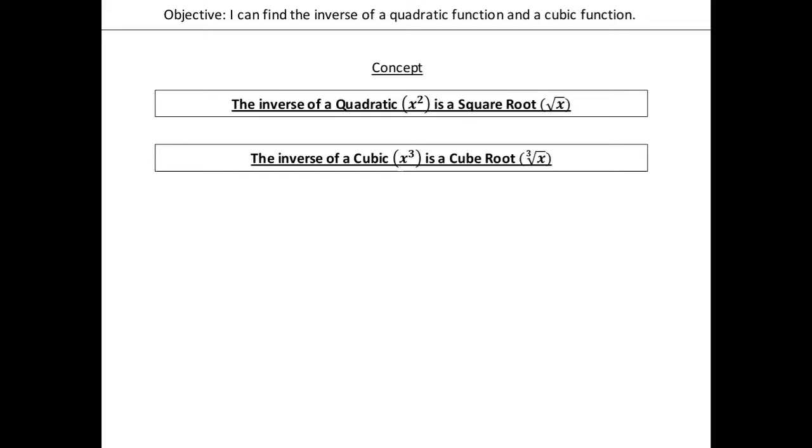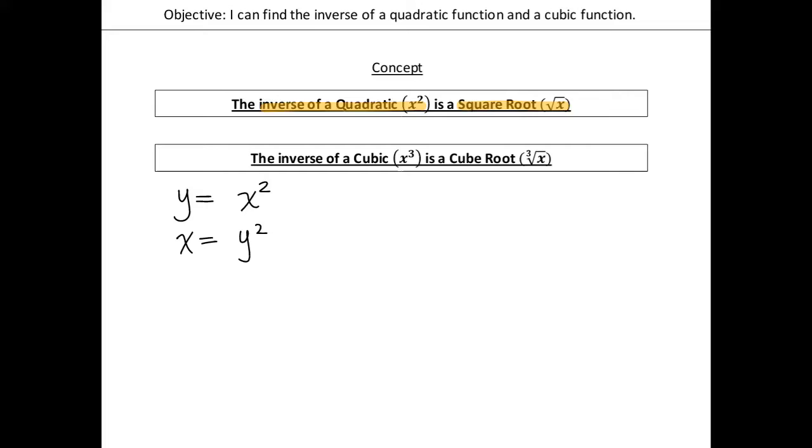If we look at the concept here, it says that the inverse of a quadratic function, the x squared, is a square root function. I'll show you why underneath here. This is like y equals a x squared. If I find the inverse, I'm going to switch the y and the x. So this is going to become x equals y squared. And then to solve for the y, I've got to get rid of the squared.